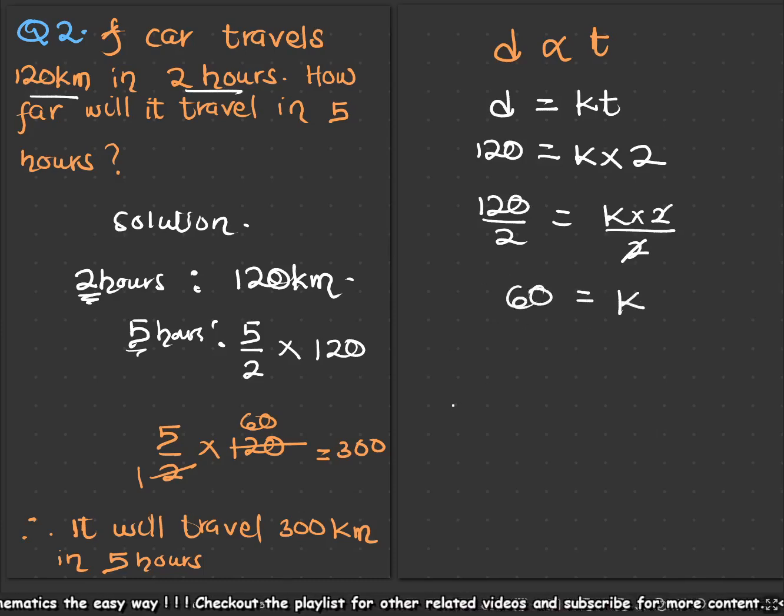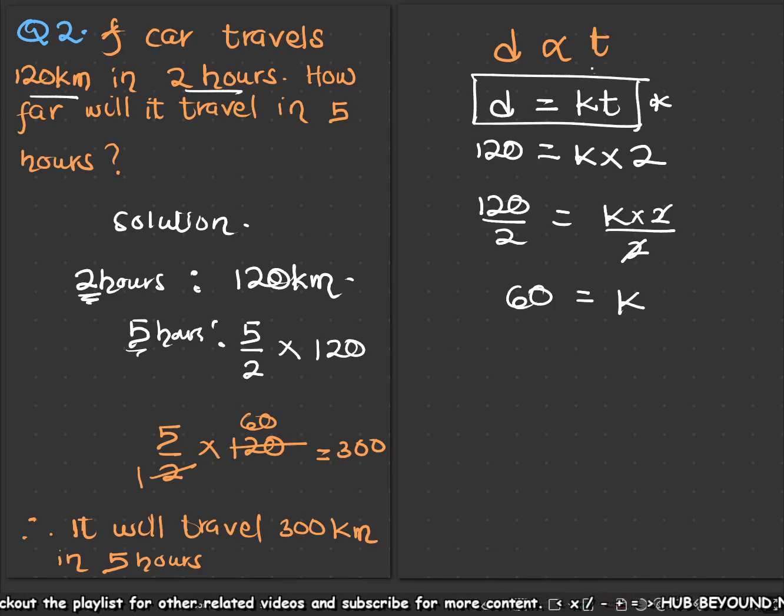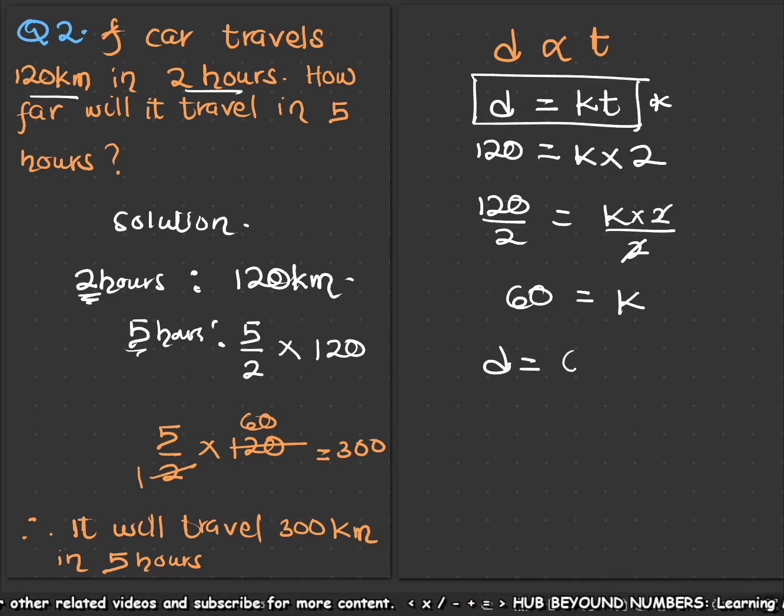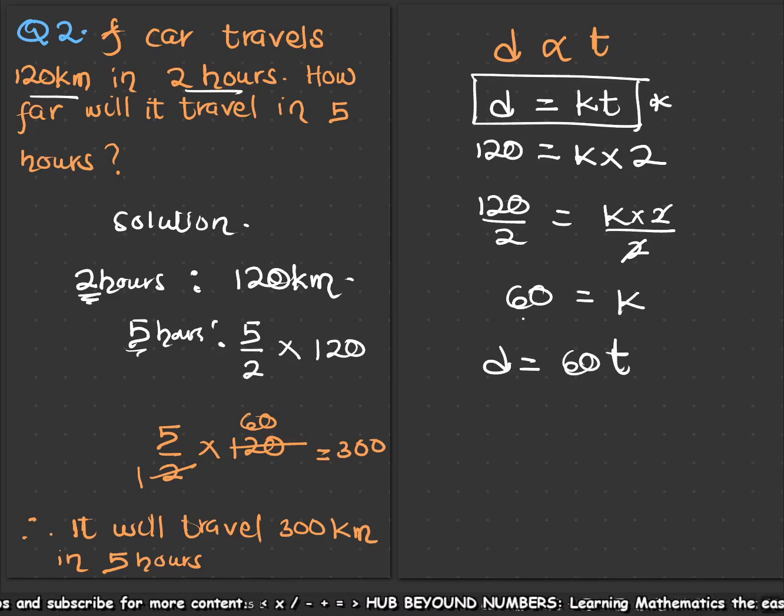So our k is equal to 60. This simply means that this equation would now become d is equal to 60t. So our constant of proportionality, k, is equal to 60. That is if the question asked you to look for the constant of proportionality.